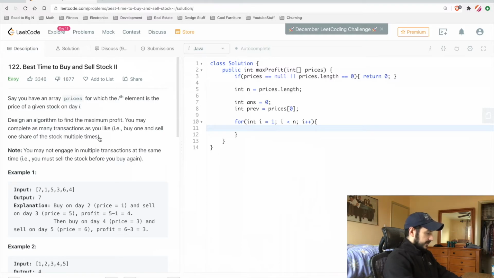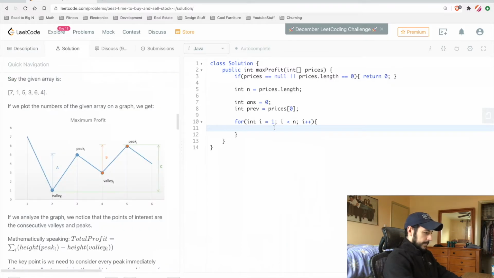Like we said in the solution, we want to check the previous, and we'll grab a current here, which will be just prices at i. And we want to say if the previous is less than our current, so that means it went from a low value to a high value, then there's some profit here.